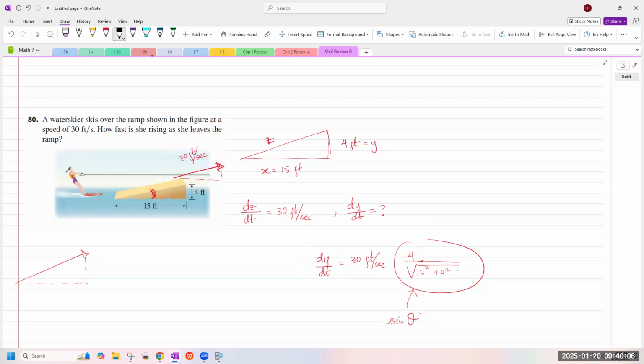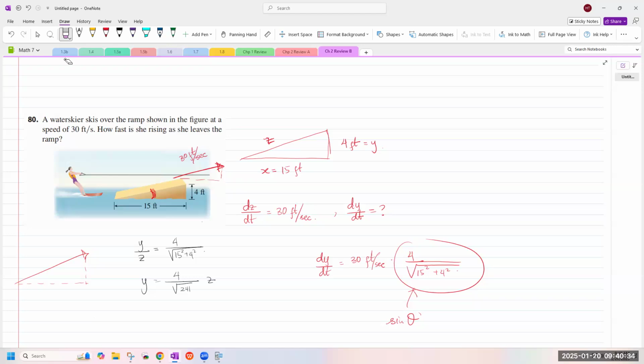Notice that y over z equals 4 over the square root of 15 squared plus 4 squared, right? So z equals the square root of 225 plus 16, which is 241.